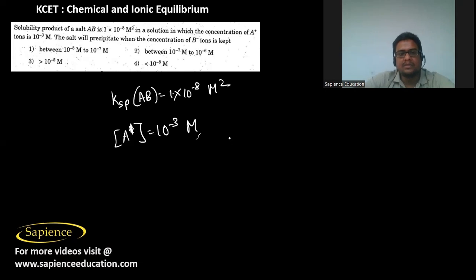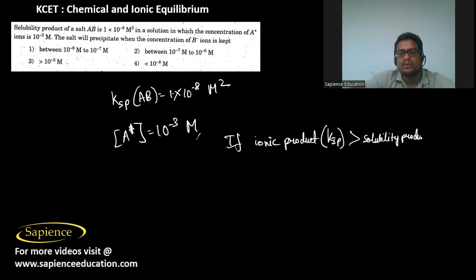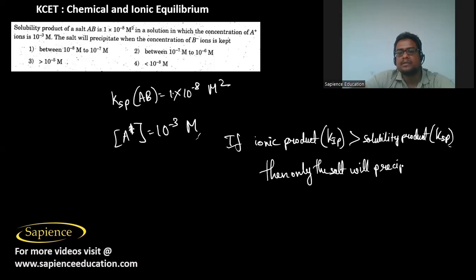So the rule is that if the ionic product KIP of the sparingly soluble salt, which is AB here, is more than the solubility product KSP of the salt, then only the salt will precipitate, else it will not.